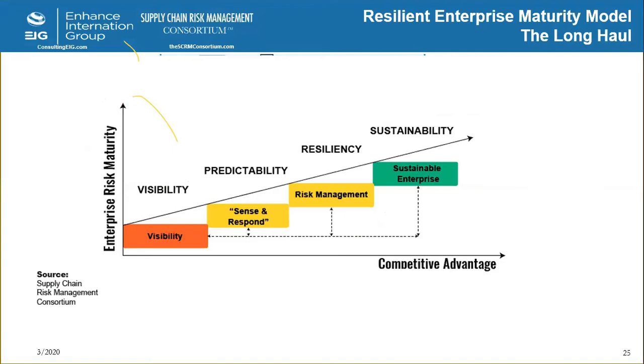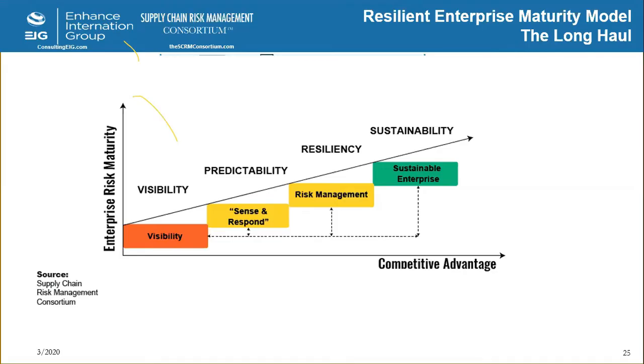This is our resilient enterprise maturity model, or what we call the long haul model. All right. Again, on the left-hand side, the y-axis of the model has enterprise risk maturity from low to high. On the x-axis, it has competitive advantage over time from 0 to infinity.